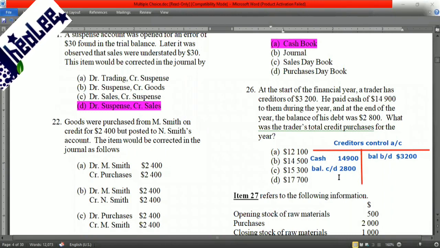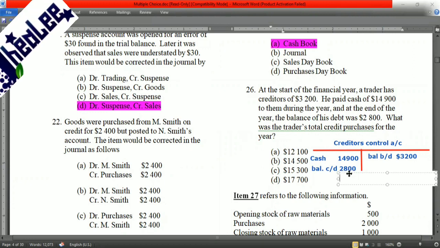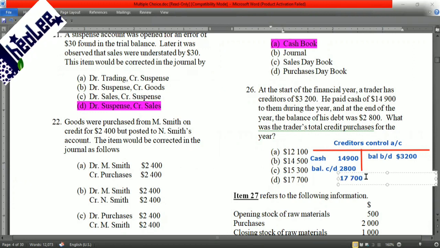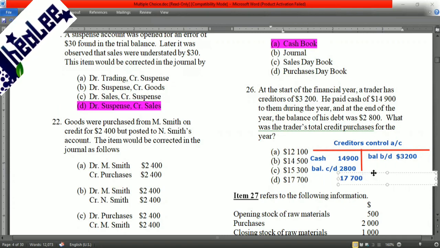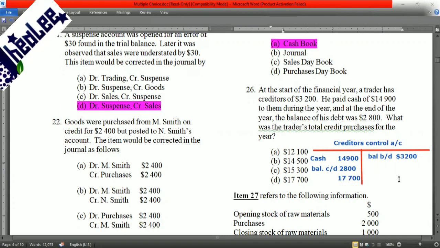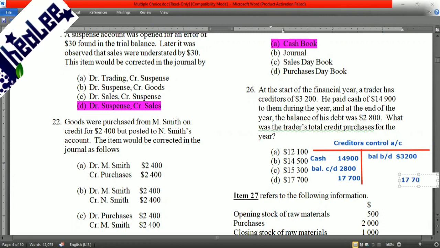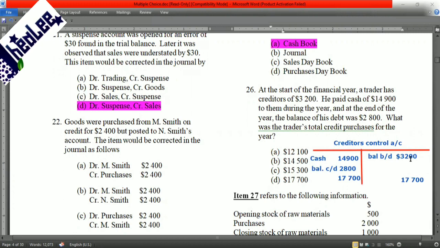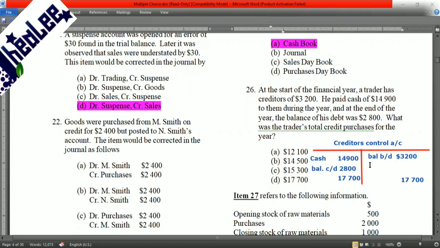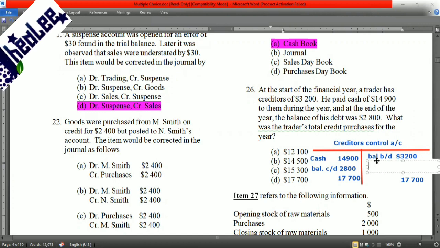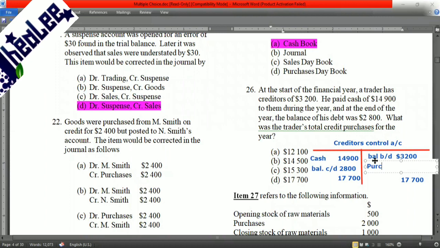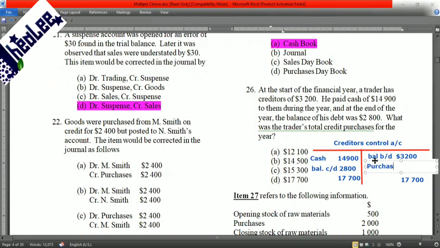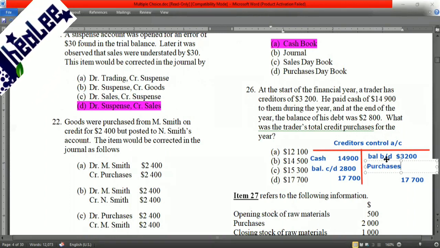On this side, you have a total of 17,700. And on the credit side, we only have 3,200. So in order for us to get the total of 17,700, we have to find the difference between the two sides. The 3,200 from that would give us the amount that would go to our purchases. And that is the value of goods purchased on credit for the period by the business.